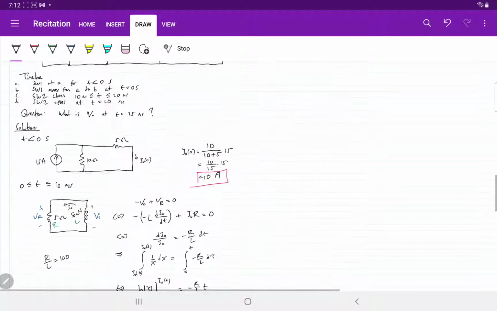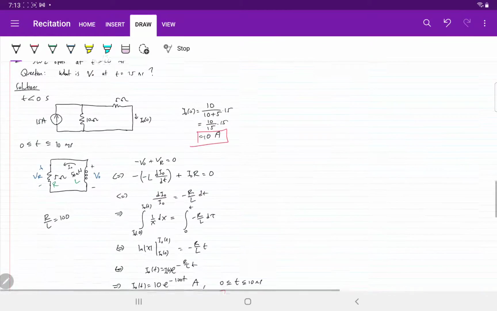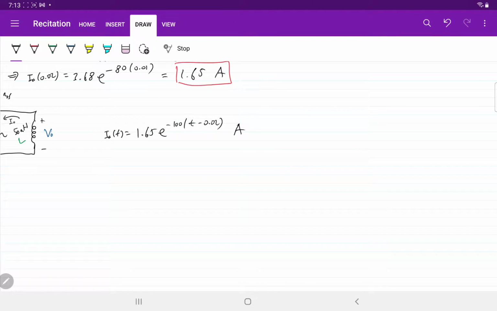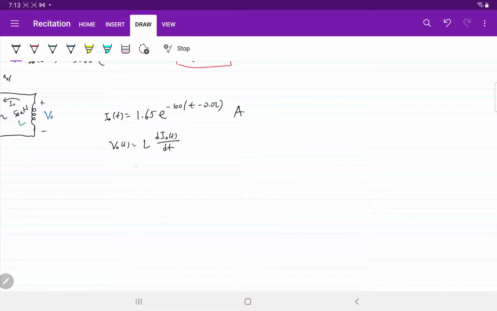So yes, that's the expression for the current in amps. But the question is the voltage when t is 25 milliseconds. So remember that the voltage VL or V0 of t is L di0(t) over dt, right? So L is 50 millihenry or 0.05.